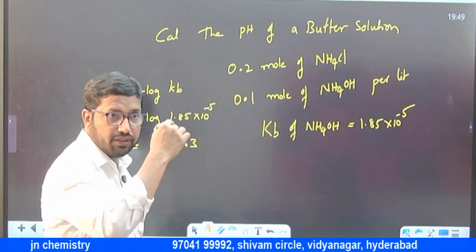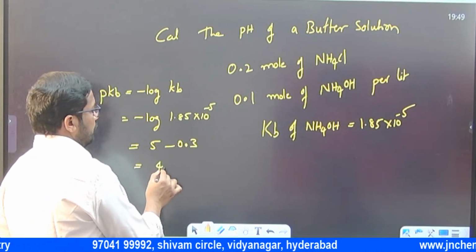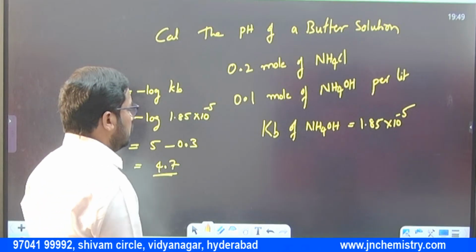Sometimes otherwise they'll give the exact value. So 4.7 approximately, you can use 4.7.